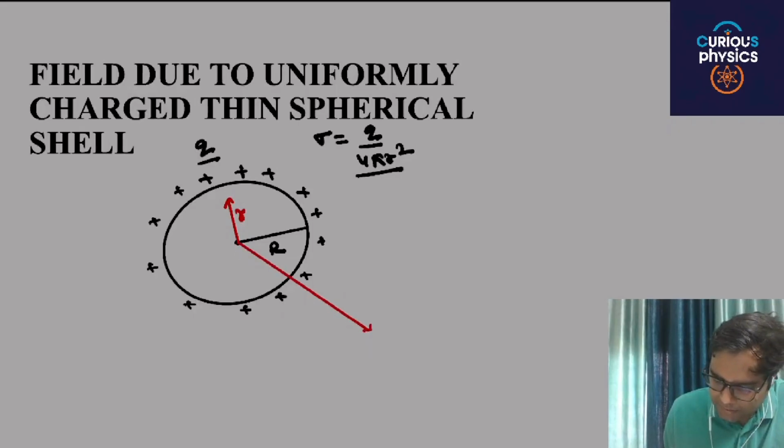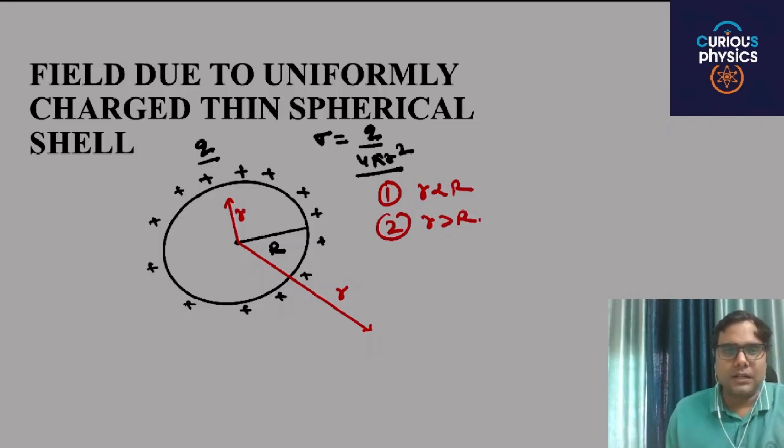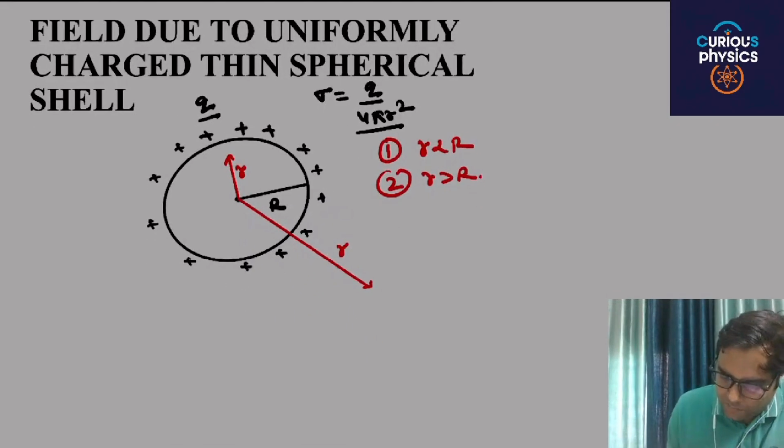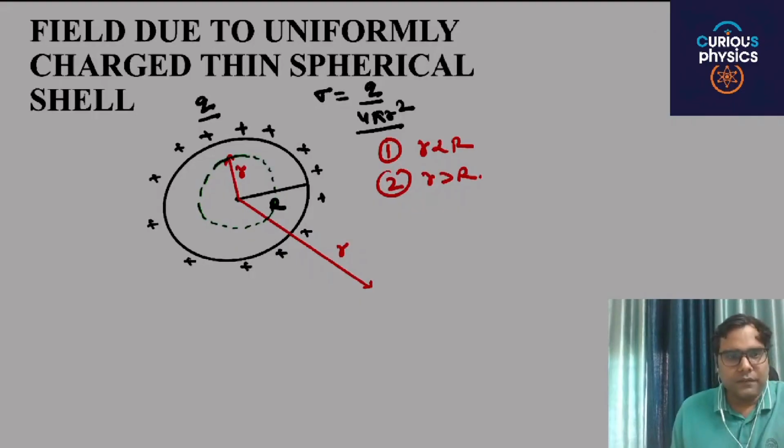First case, r is less than R, and second case, r is greater than R. These are the two cases. In the first case, we can take this Gaussian surface.